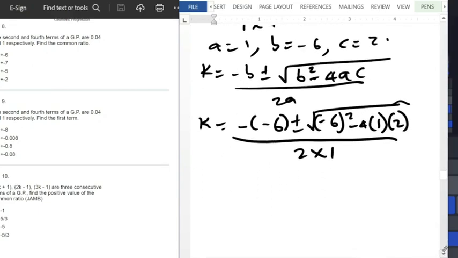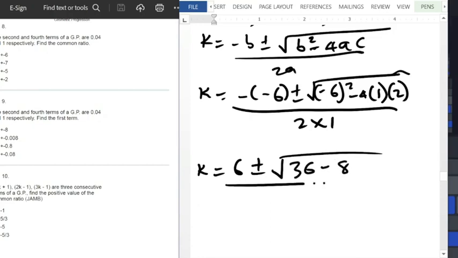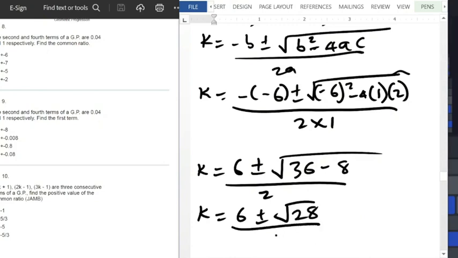So from there, k equals plus 6 plus or minus square root of 36 minus 8, all over 2.